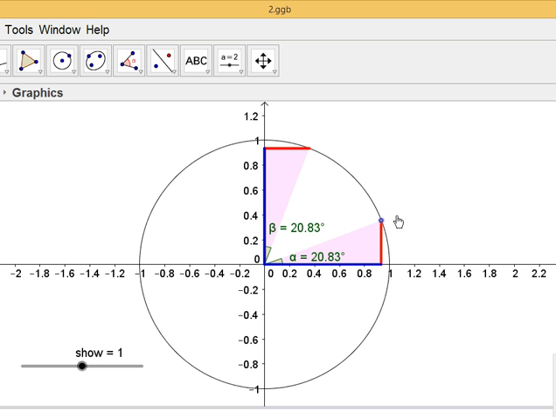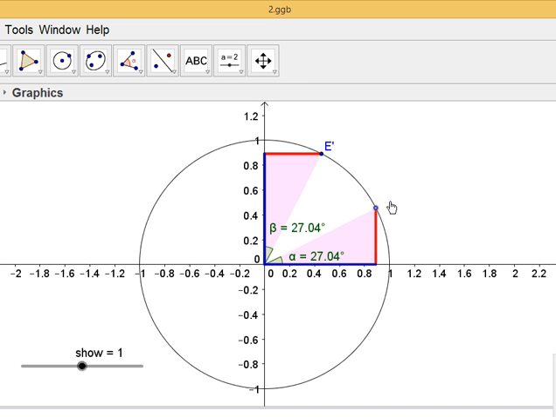So this point here, E dashed, makes an angle from the positive real axis of 90 degrees minus alpha. So if I put that there, yeah. So this angle here is 90 degrees minus alpha.